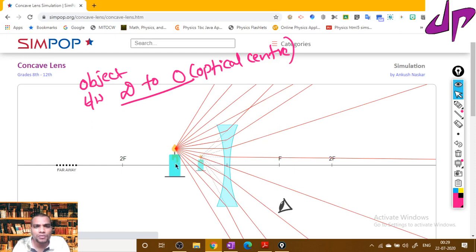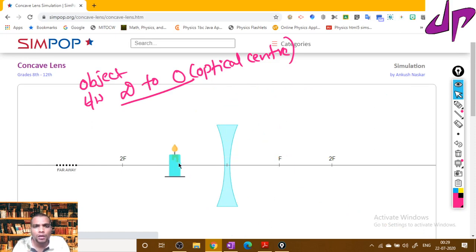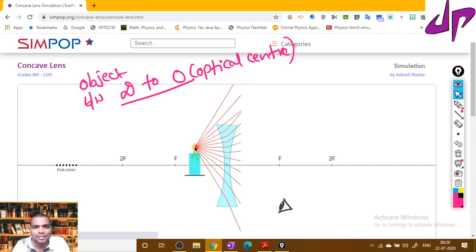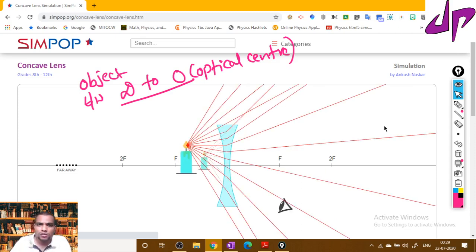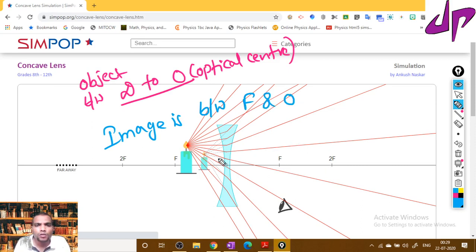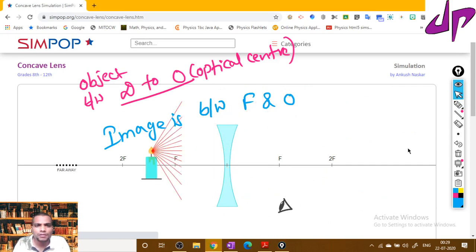Now in this case you can see, if you bring the object close to the lens, the image always forms between focus and optical center. So if I write in this case, if the object is between infinity and optical center, the image is between F and O. It always forms between F and O, focus and the optical center.